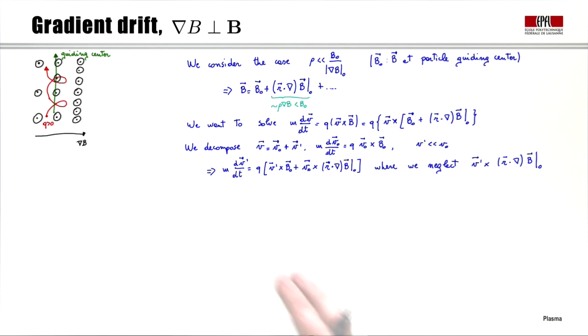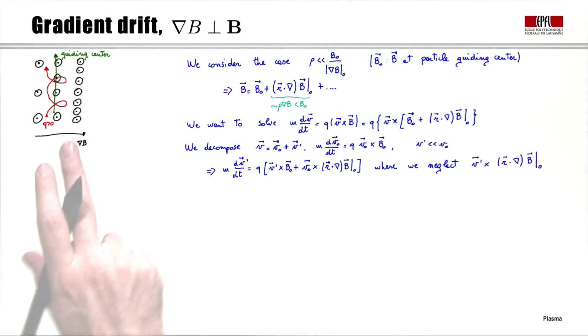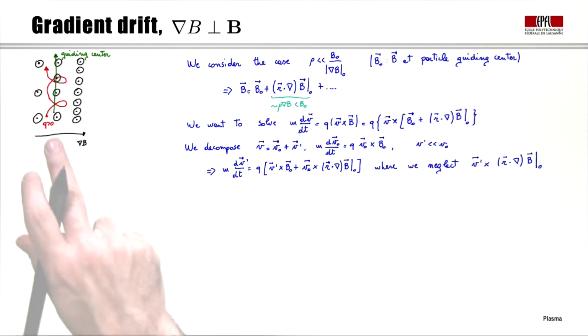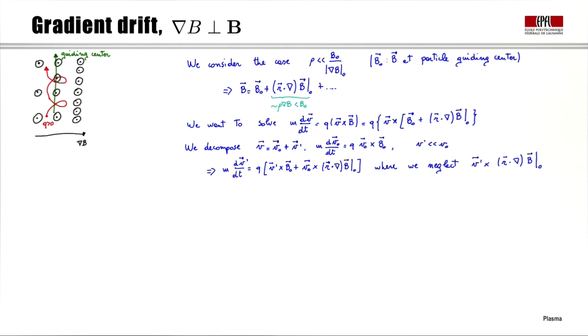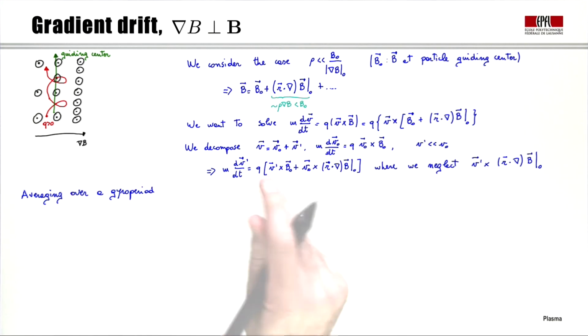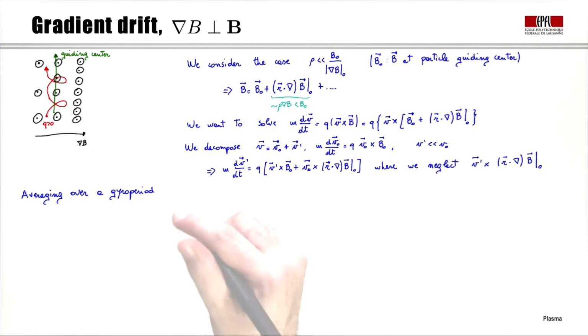Now, what we are interested in here, in solving this equation, is in getting the average V prime, the V prime that actually represents the steady state motion of the guiding center, the drift. So now, averaging over one gyro period this equation here, the first term will give 0.